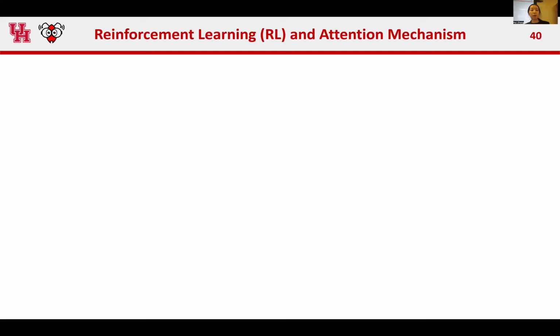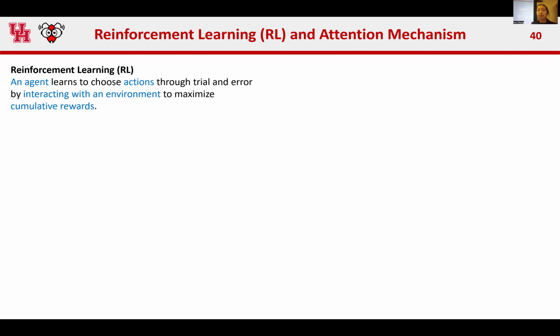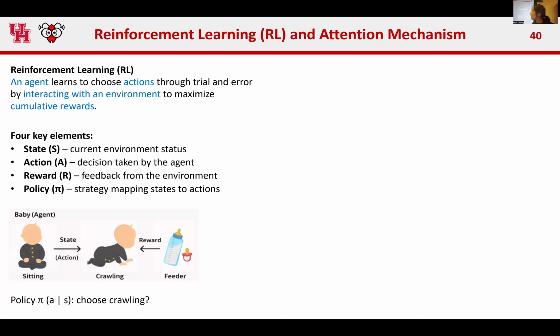Also some background on reinforcement learning and attention. I think you are familiar with these, so I will go quickly. In reinforcement learning, an agent learns to choose actions through trial and error by interacting with an environment to maximize the cumulative rewards. We have 4 key elements: the state, the action, the reward, and the policy.